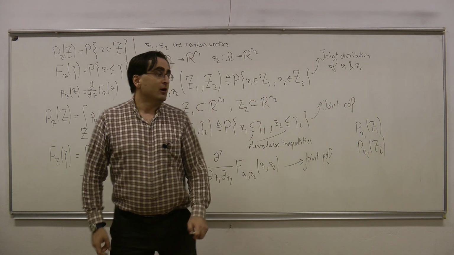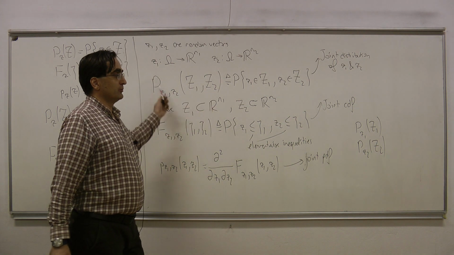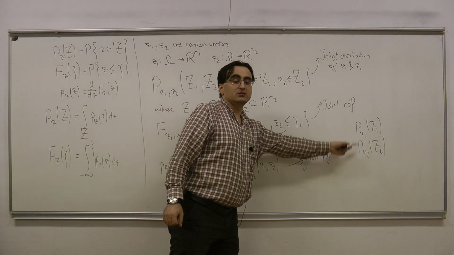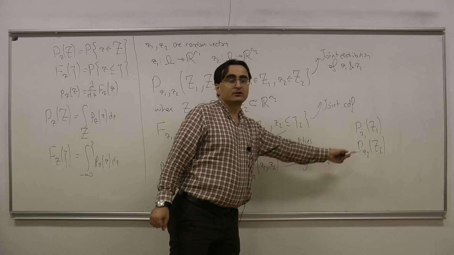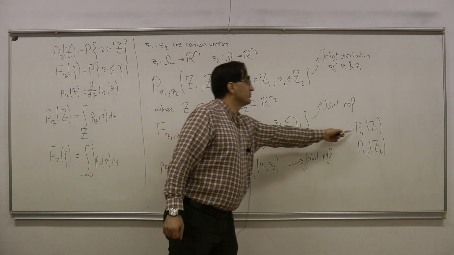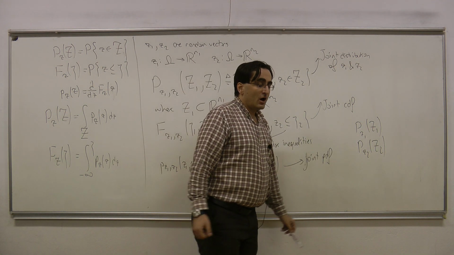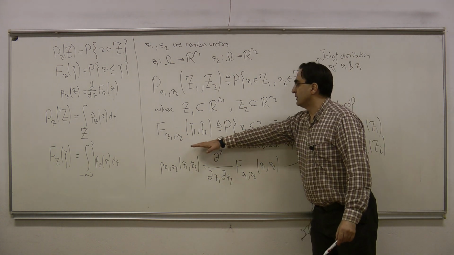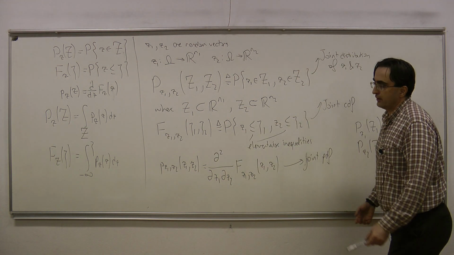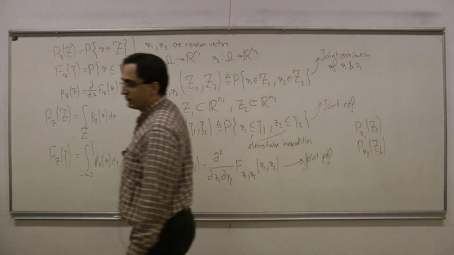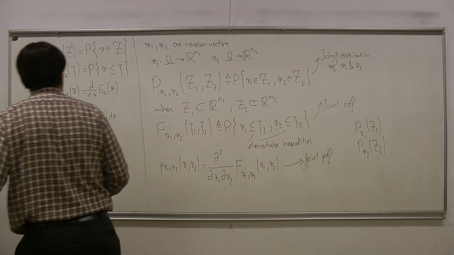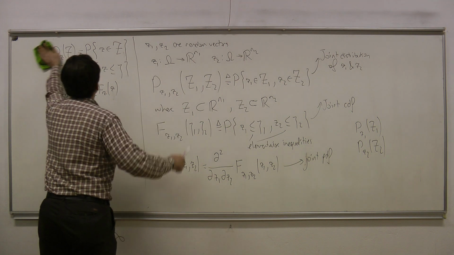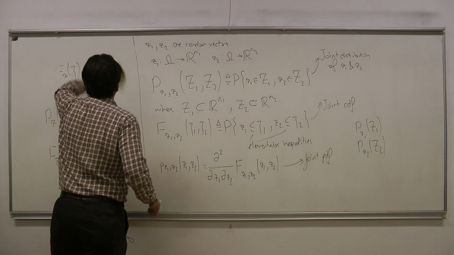That means that when I know the joint distribution, I can obtain the marginal distributions. From this one, I can obtain these individual ones. How can I do that? The same thing is correct for the joint CDF and joint PDF. Let us now try to obtain those marginal quantities from the joint distributions and joint characterizations.